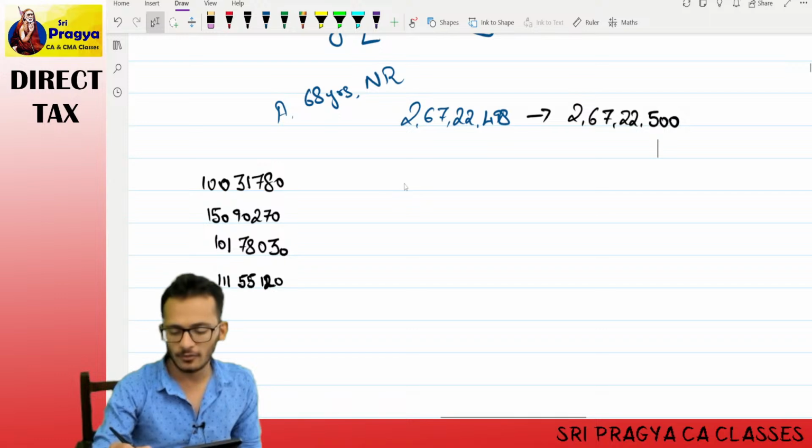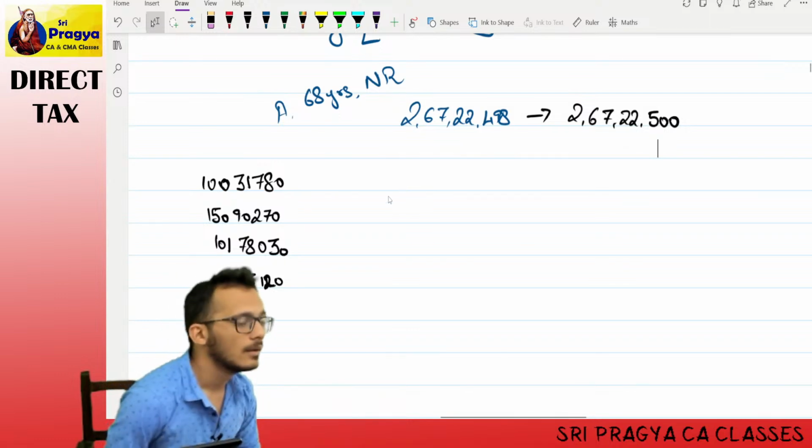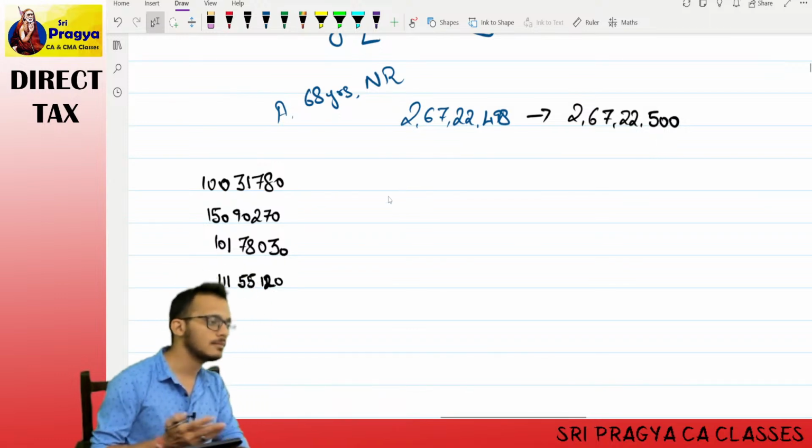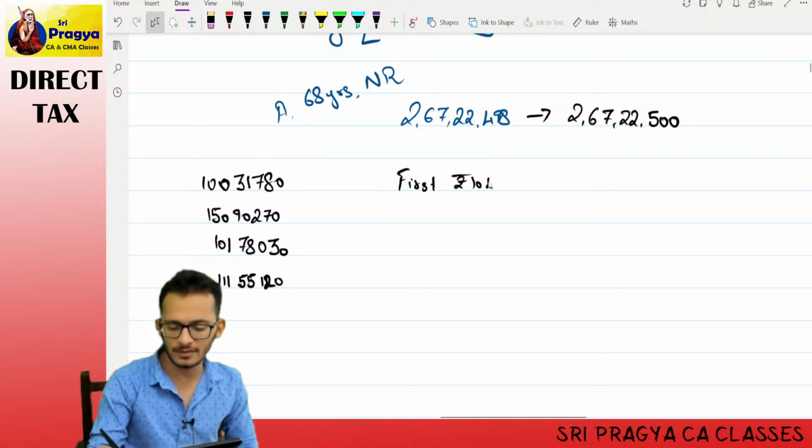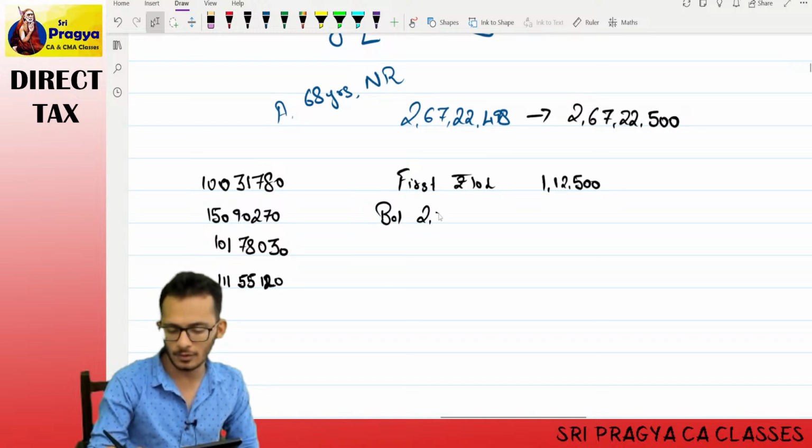Yes. Next. What will you do? You'll first go for 2.5, or we can do shortcuts. I'll probably finish with the shortcut. For the first 10 lakhs, number is 1,12,500. Balance is 2 crore 57 lakh 22,500 at the rate of 30%.